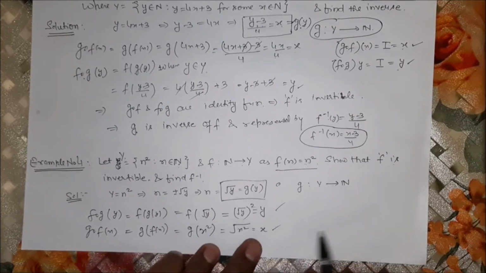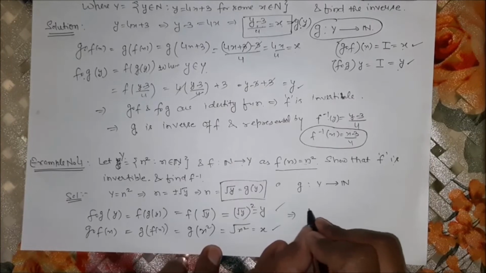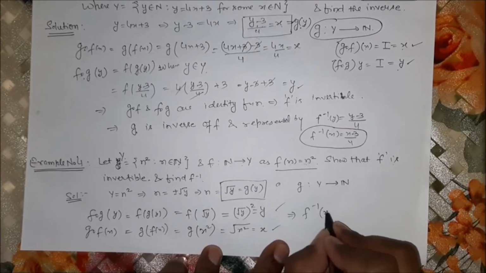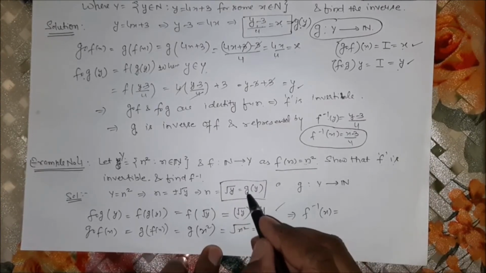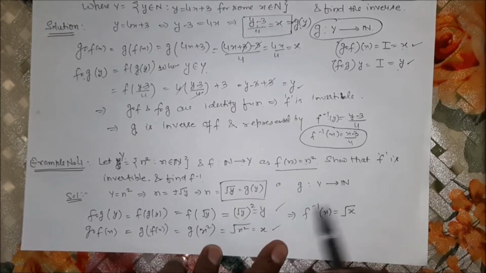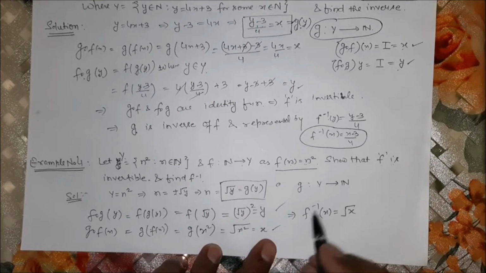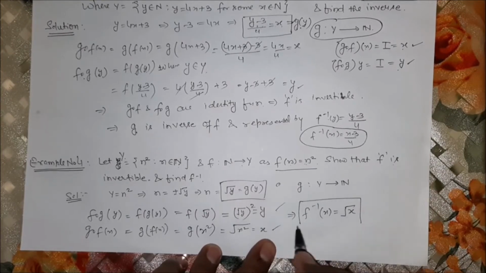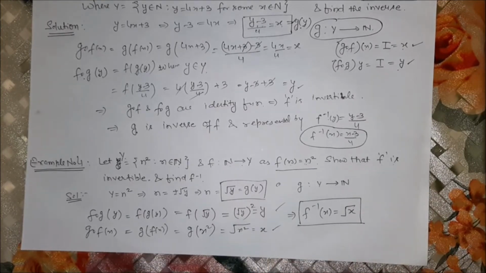Again, an identity function, which implies your inverse can be defined. F inverse x is equal to g, which is root of x. Basically it should be root y, but we have to represent the number in terms of x, so it will be root x. So this is the way we evaluate the inverse of a function.